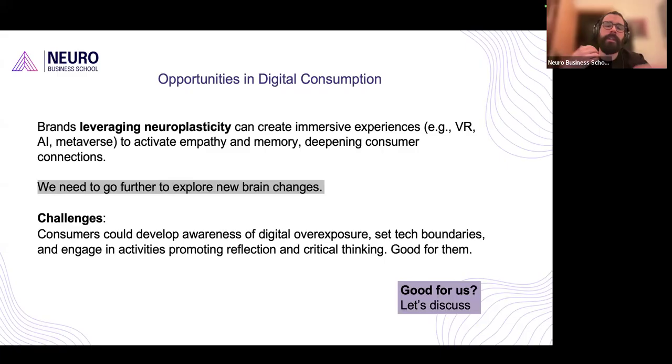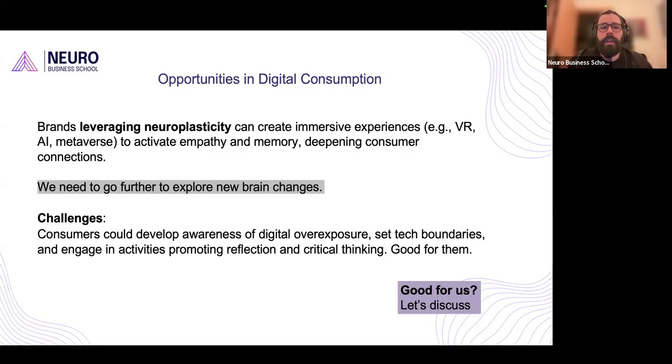Neuroplasticity could also be the capacity of relearning how to have a quiet way to experience the world, and also the digital world. So yes, now we are living in this fast-paced environment, but maybe in the future we will slow down a little with all these consuming patterns.